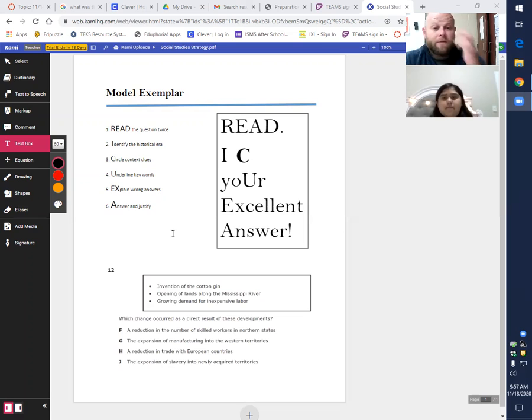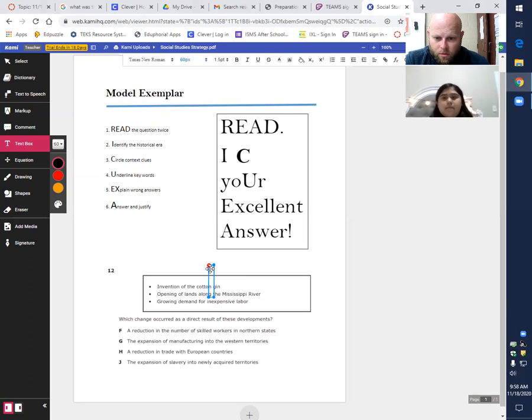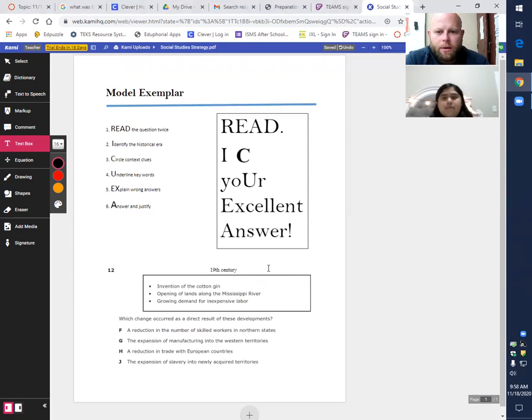All right, so now we're going to identify the historic era because our next part is identify. So this is going to be the 19th century. The 19th century was around the time that slavery was in the United States and when the cotton gin was invented.